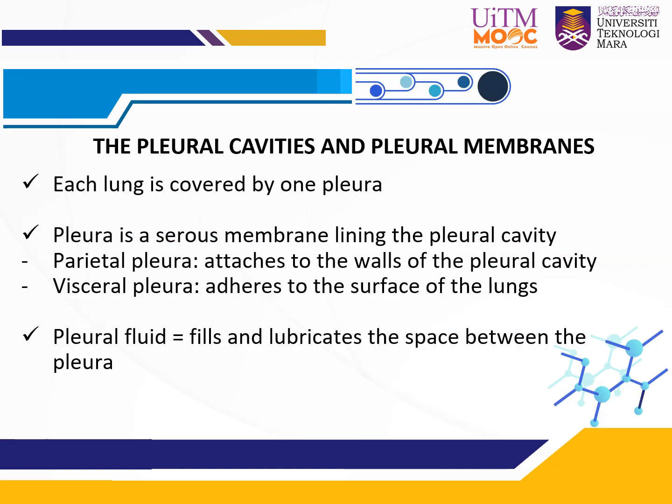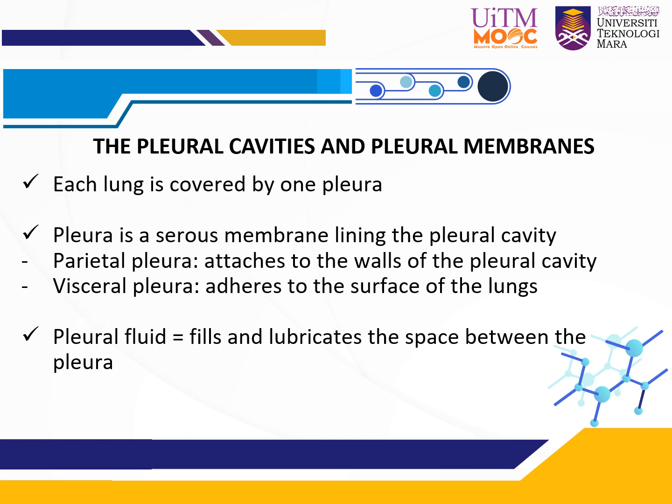The pleural cavities and pleural membranes. Each lung is covered by one pleura. Meaning to say, the right lung will be covered by one pleura and the left lung will be covered by another pleura. Pleura is a serous membrane lining the pleural cavity, and there are two layers there. The outer part is known as the parietal pleura that attaches to the walls of the pleural cavity.